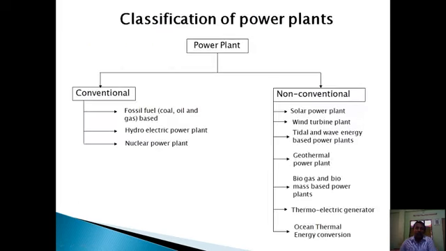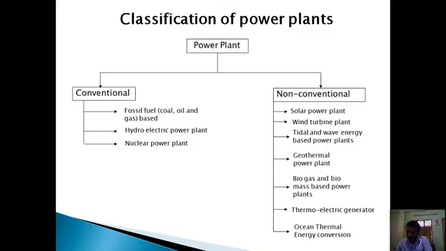Now, classification of power plants. Power plants can be classified on the basis of energy use, as energy is one of the basic needs and the backbone of human activity in all sectors, whether industrial, agriculture, or transportation. It is one of the major inputs for the economic development of a country.